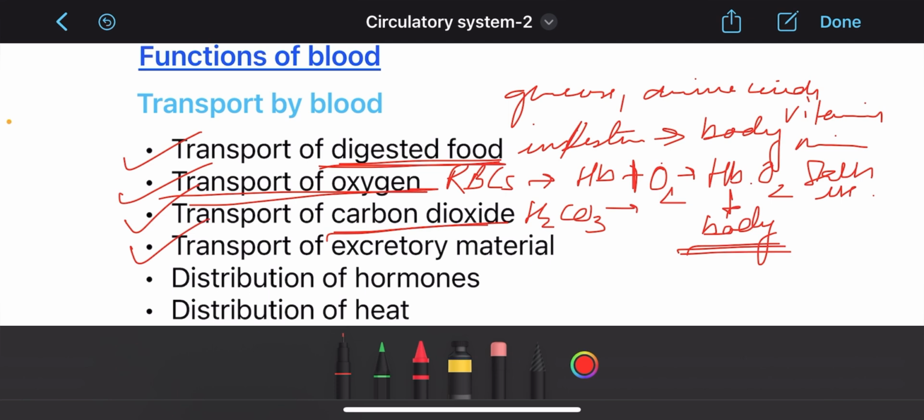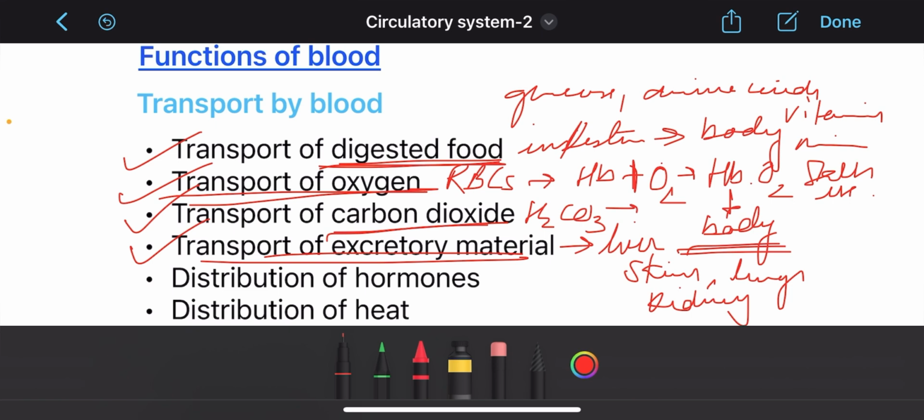Now the transport of excretory material. Metabolic waste such as urea and some toxins in our body are excreted out of the body via blood only. The blood leads the excretory metabolic waste to different excretory organs such as the liver, skin, lungs and kidneys, and from there they are excreted out. Now the distribution of hormones.